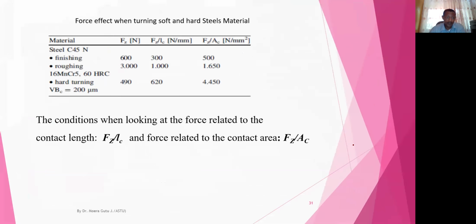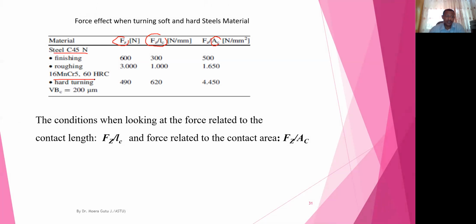So the force effect when turning soft and hard steel materials, you will see here. This is a force, the force related to the length of the workpiece, Fz, and to Ac, the area of the machined surface. So this will vary for steel material, for chromium material, or hard turning process.